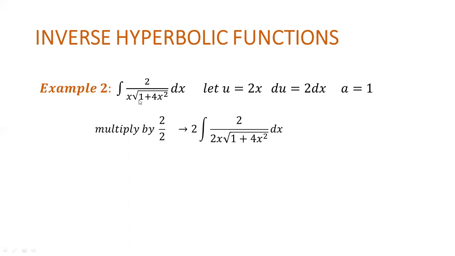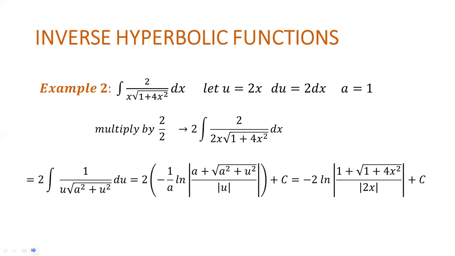Now, this original integral was already transformed into this form, which is readily integrable, meaning it's already complete. And you can apply the formula that is appropriate. Now, you can see that you have here your a as 1 and your u is 2x. So your answer will be 2 times the integral.